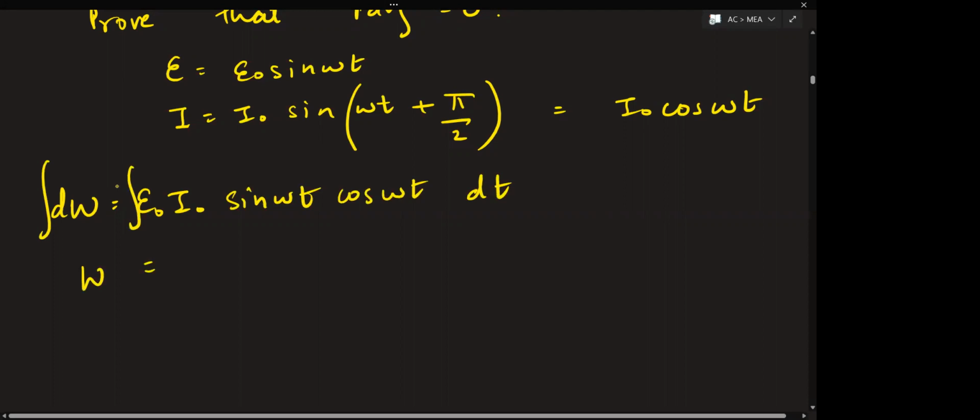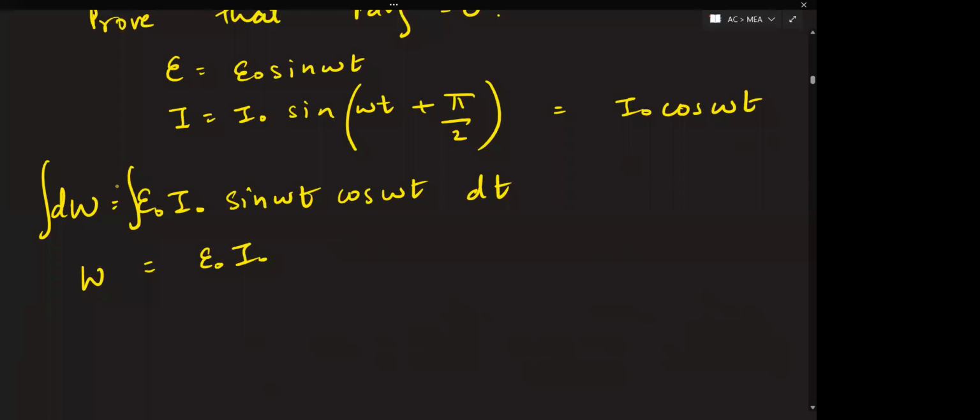So work done will be E naught, I naught, sine omega t, cos omega t. Here you will be having 2, and this becomes sine 2 omega t dt. This is what we are left with.